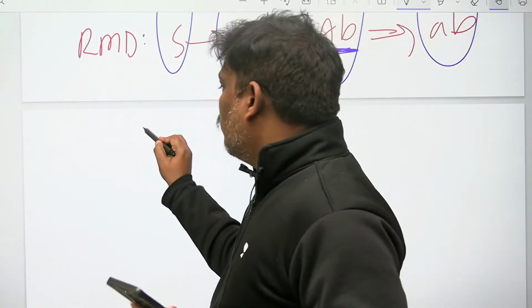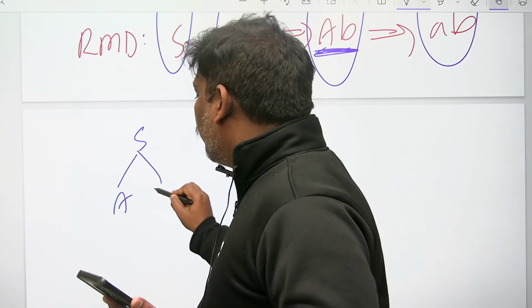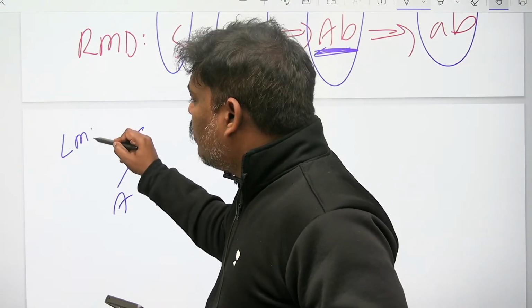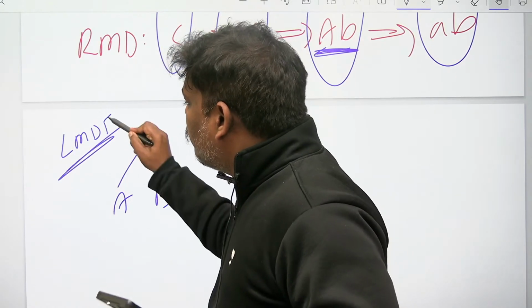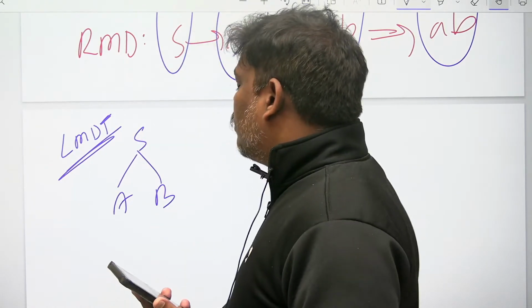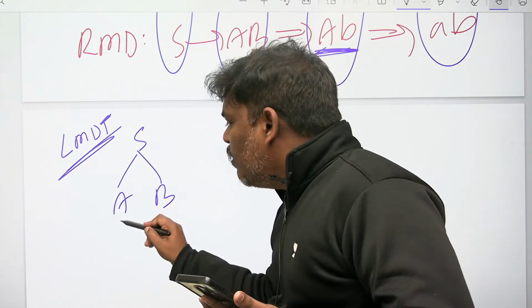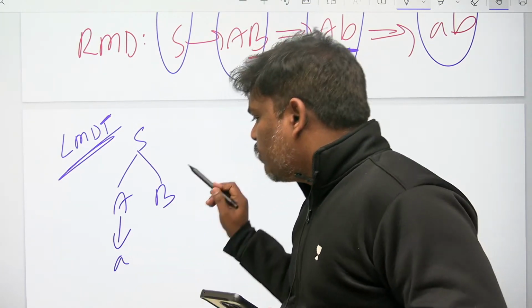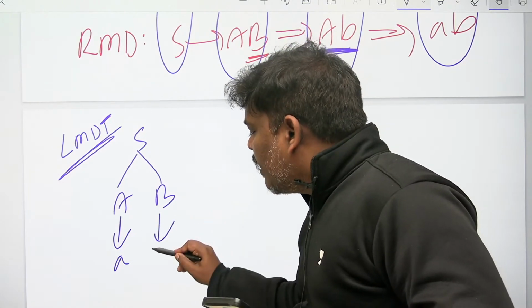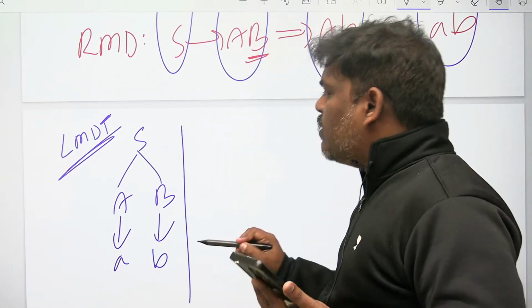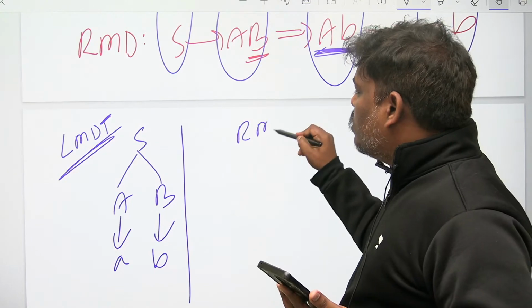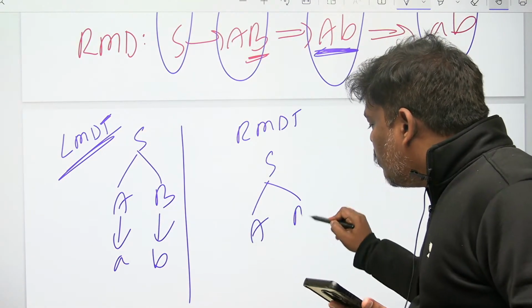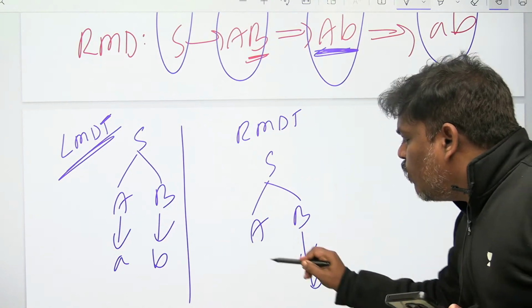See the derivation trees. In the leftmost derivation tree, S goes to AB, first I replace the leftmost variable, afterwards the rightmost variable. Now the rightmost derivation tree: S goes to AB, first I replace the right one, next the left one.